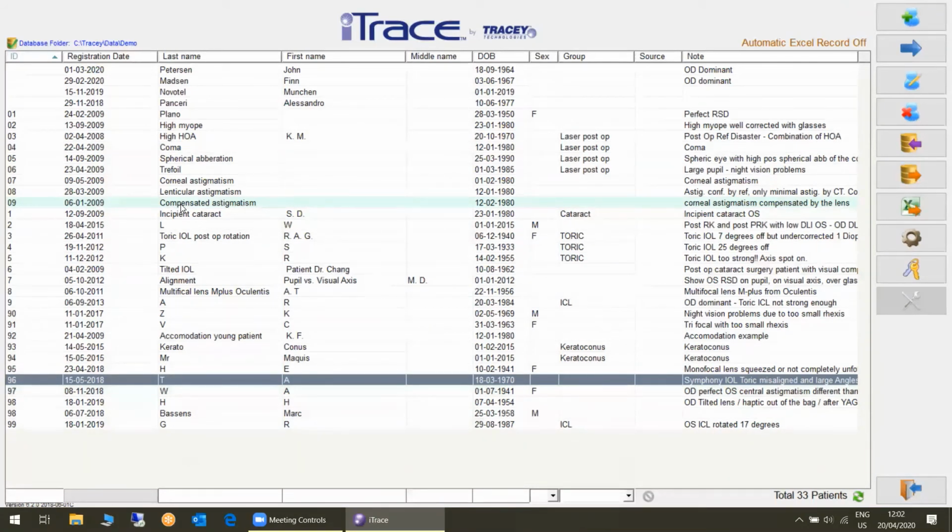It could be somebody from a different doctor, a referral, somebody you don't know. He's not 1.0, you don't know why. An iTrace, please. The second group of people is everybody who wants to have a premium IOL. Is this cornea premium enough to support the multifocal? It is always nice to have a pre-op image for the toric.